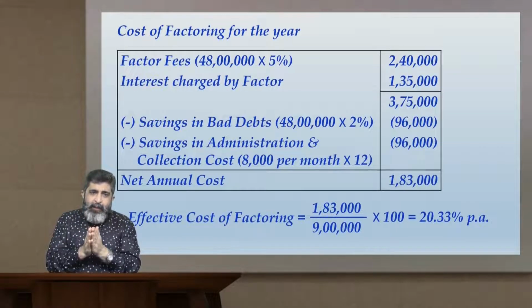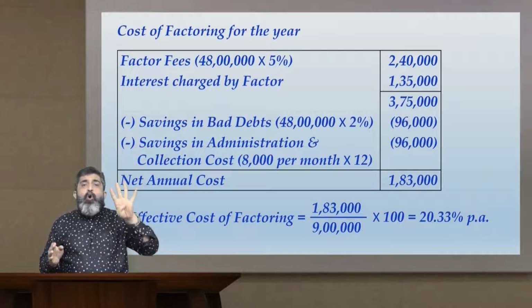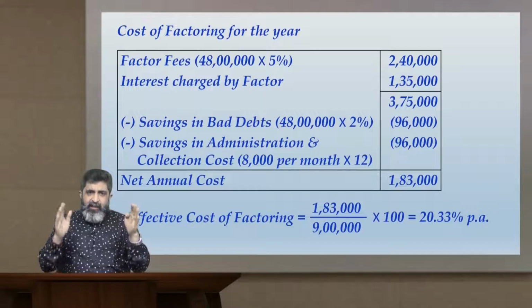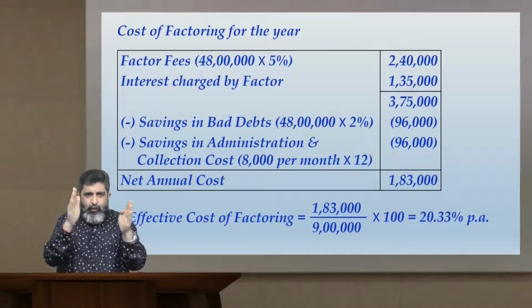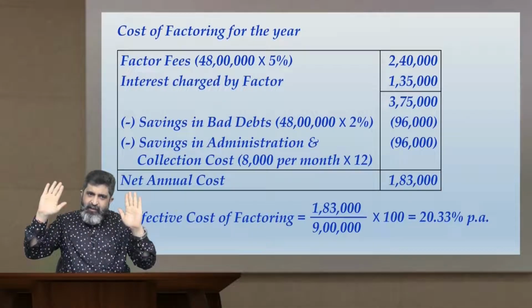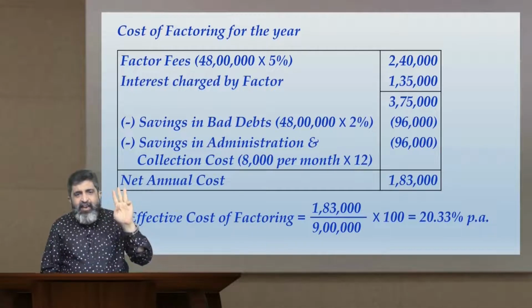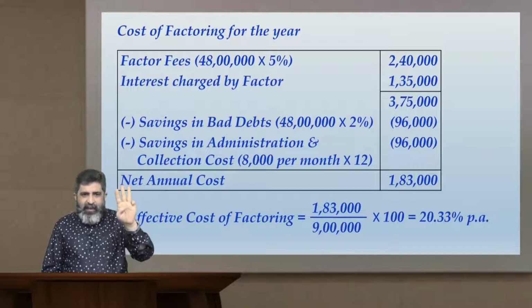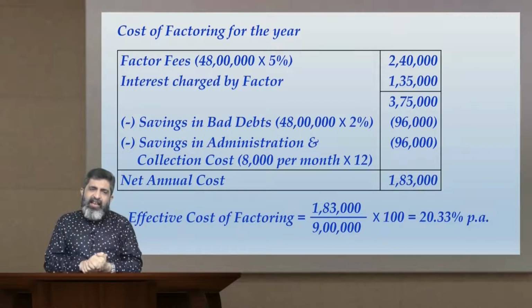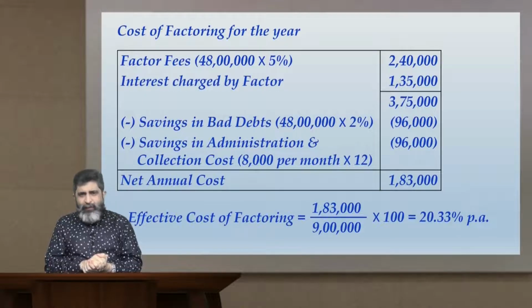So we can say that we will have 4 cycles of sales. Each cycle will be a sale of 12 lakhs, 12 lakhs, 12 lakhs, 12 lakhs. Agreed? Each cycle duration is 3 months and sales in each cycle is 12 lakhs.